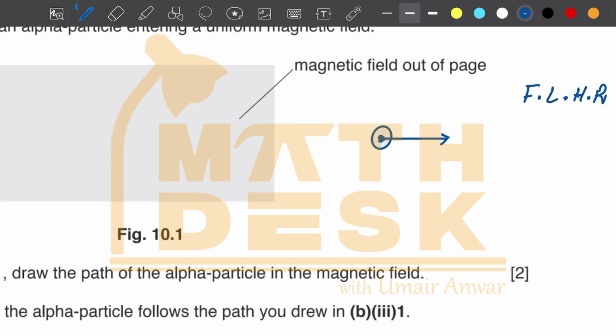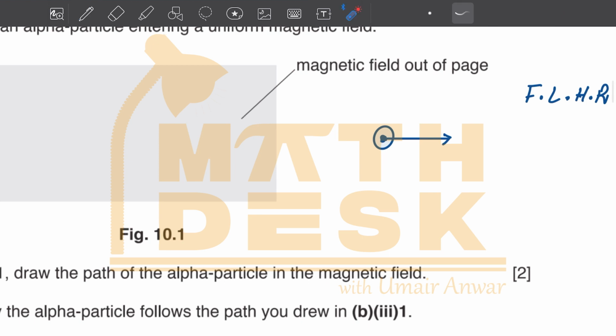The first finger is aligned with the magnetic field, which is out of the page. The second finger is aligned with the current, which is to the right. The conventional current's direction is the same as the alpha particle's direction, and the thumb is pointing downwards. So we get the force acting on the charge in the downward direction.